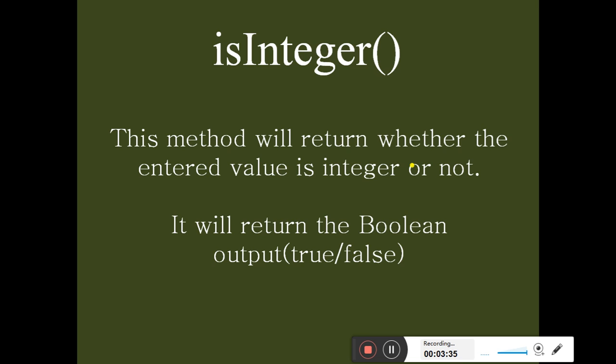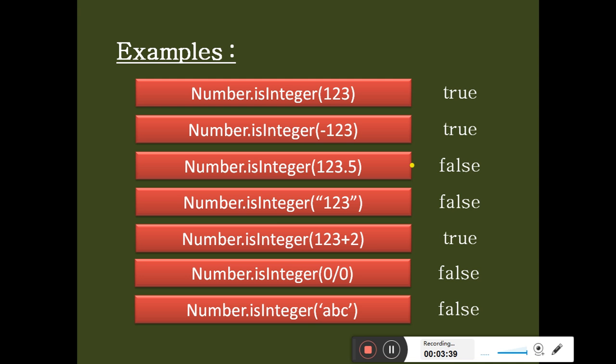If it is not an integer, then it will return false. See the example, Number.isInteger(123). Is it an integer value? Yes, it is, so the output will be true.